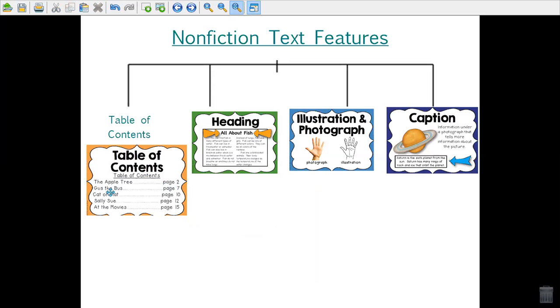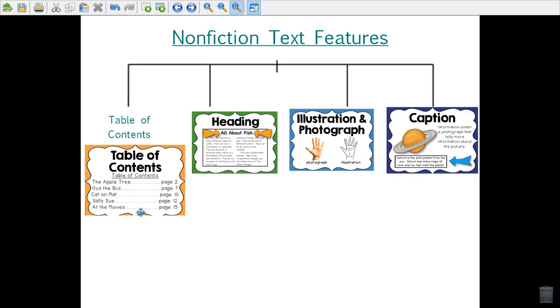So for this book, for example, it says the apple tree starts on page 2, or Gus the bus starts on page 7, or Cat the mat starts on page 10. So if I want to read about At the Movies, what page would I turn to? If you said page 15, you're right, because At the Movies starts at page 15. Good job.